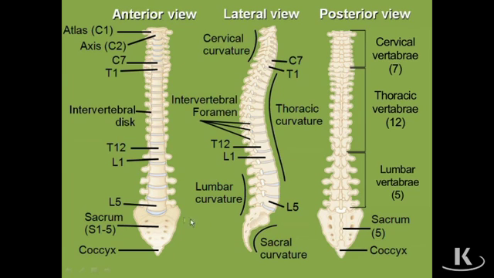And at the sacroiliac joint, weight is being transferred from the vertebral column across the joint to the pelvis, and then from the pelvis down to the lower limb. So below that level, it's the pelvis and lower limb that is supporting weight, not the vertebral column, and therefore we see this dramatic change in structure to reflect that change in function.